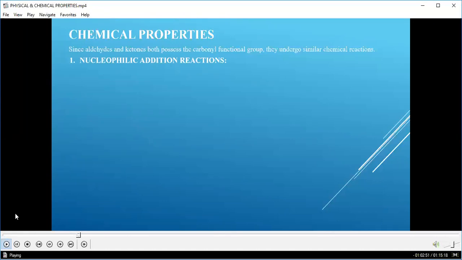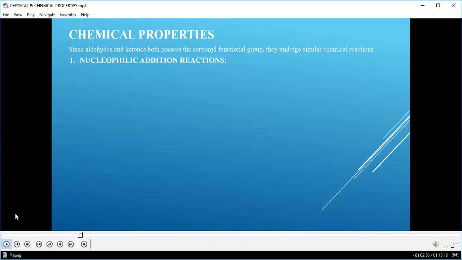What are nucleophiles? Nucleophiles are Lewis bases. That means they have electrons and they willingly donate their electron pair to the required ions. And what is an addition reaction?